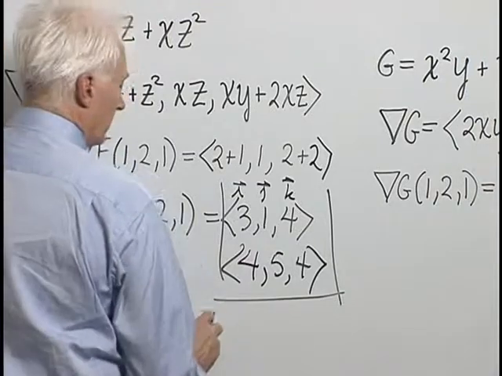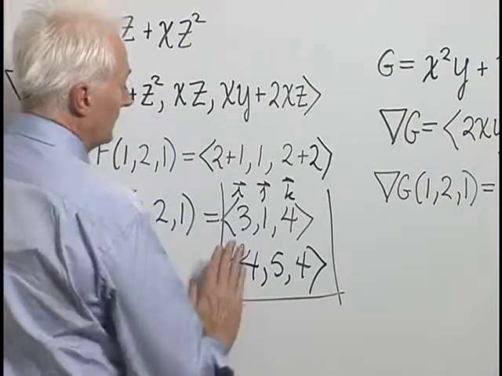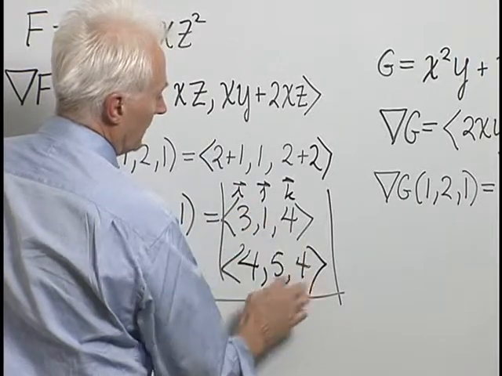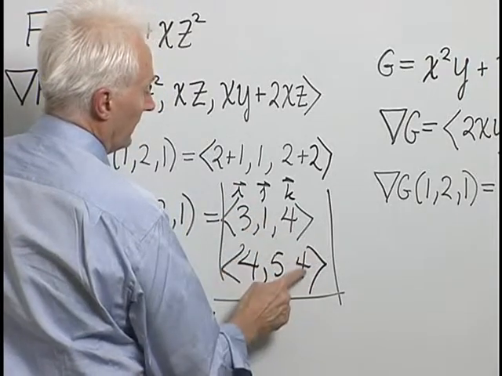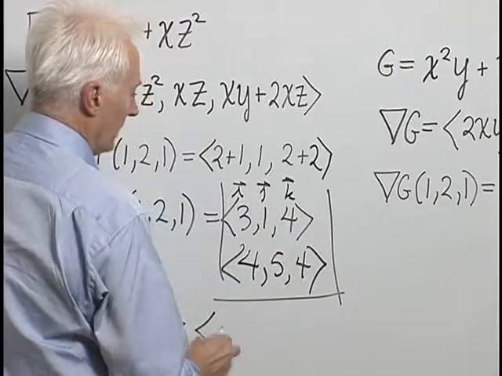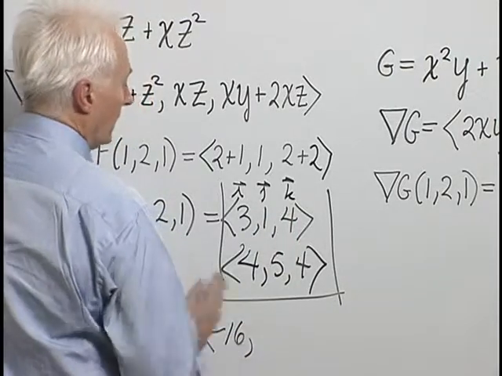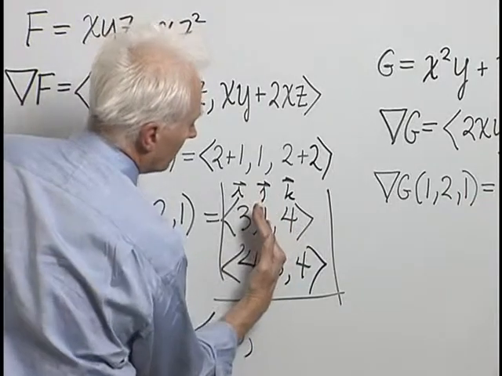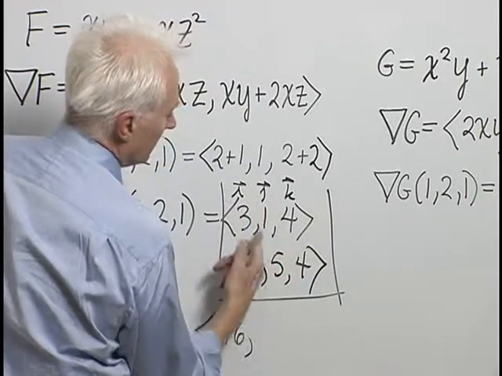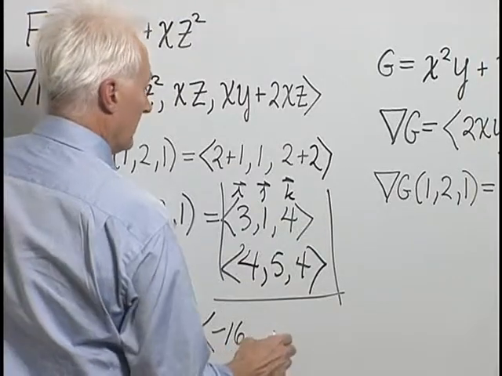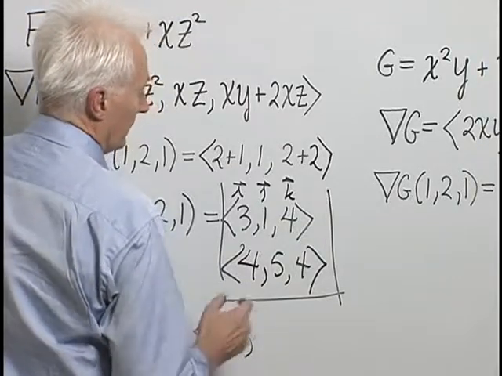To get the first component, all I do is cover up the first column and look at the little 2 by 2 determinant here. 1 times 4 minus 20, that's negative 16. For the middle one, cover up the middle column, take the determinant. So 3 times 4 is 12, minus 16, that would be negative 4.